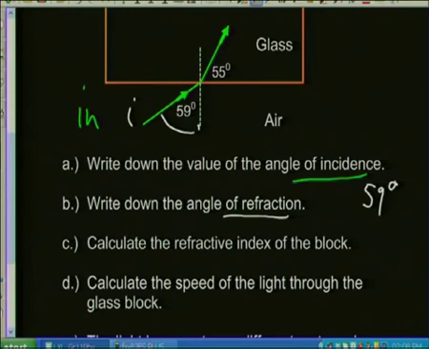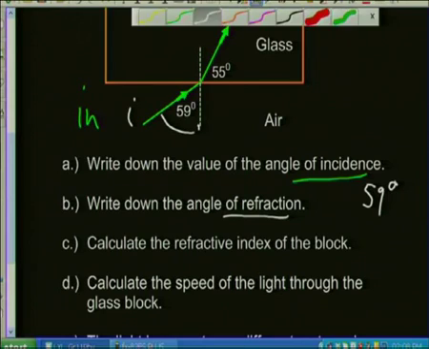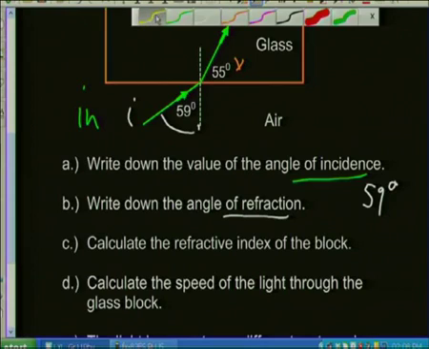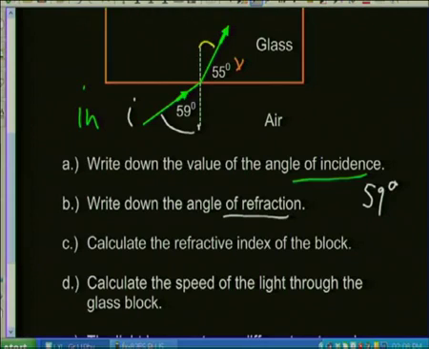So what we need to look at very carefully here, it's not this angle. It's not 55. Certainly not. No, it's the angle between the ray and the normal. A normal is a line that strikes the surface. Just remember, a normal is perpendicular to the surface. In other words, it makes an angle of 90 degrees. So if we want to find the angle of refraction here, we're going to subtract 55 from 90.